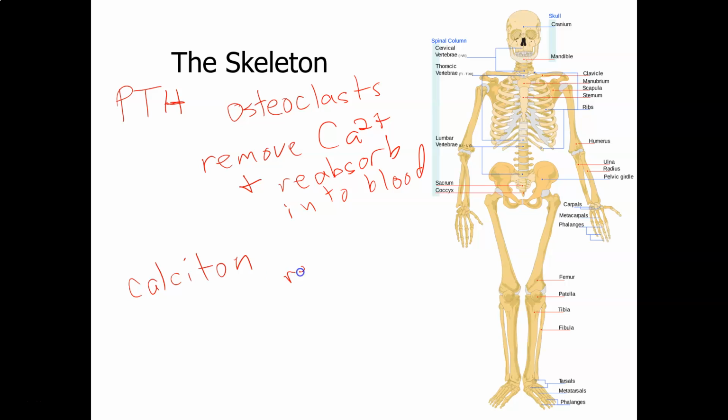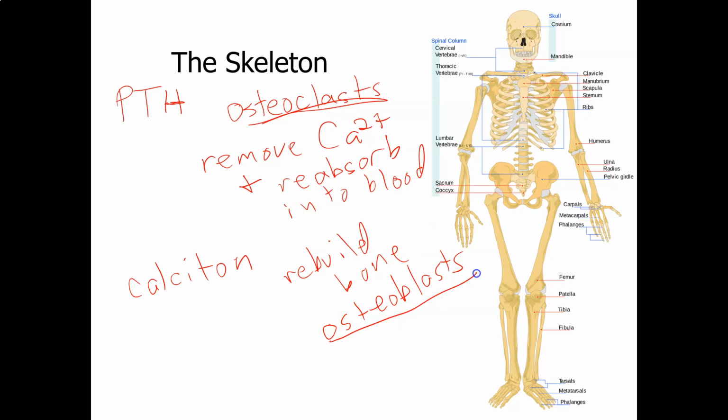So it will rebuild bone tissue. Now, most of the time, the cells that do this are osteoblasts. The osteoblasts rebuild the bone tissue. So the action of the osteoblasts will match the action of the osteoclasts.